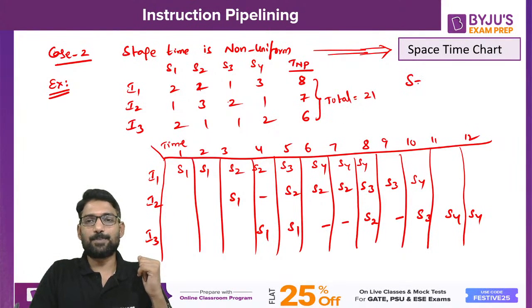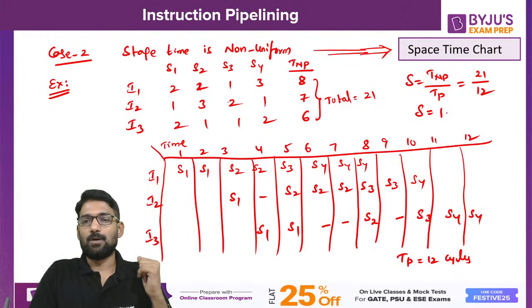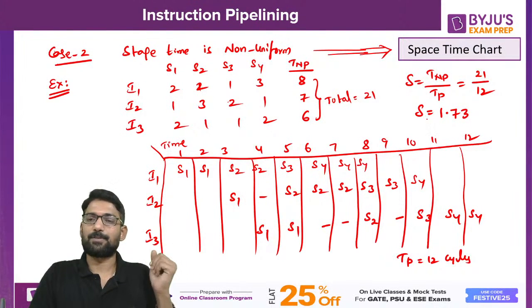So what is speed up? Non-pipelined time by pipelined time. So you can say that is 21 divided by 12. So speed up is equal to 1.73, something like this.